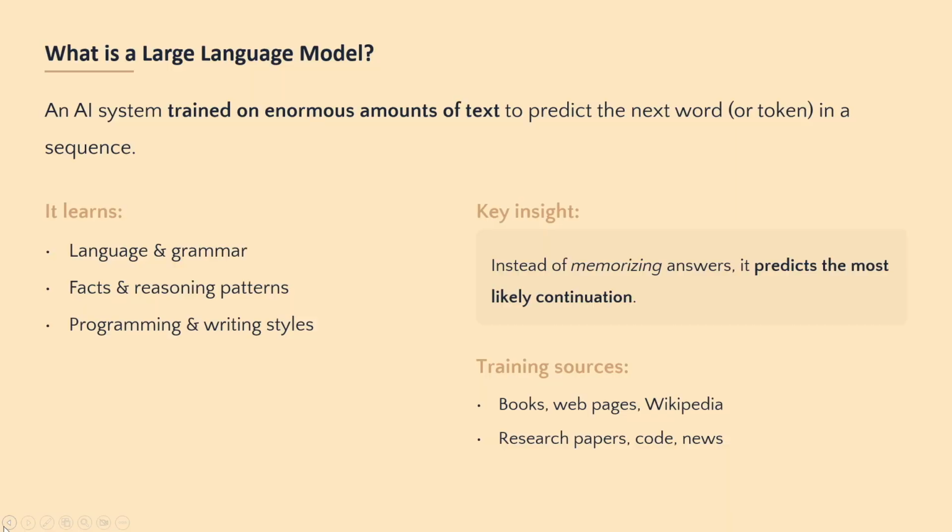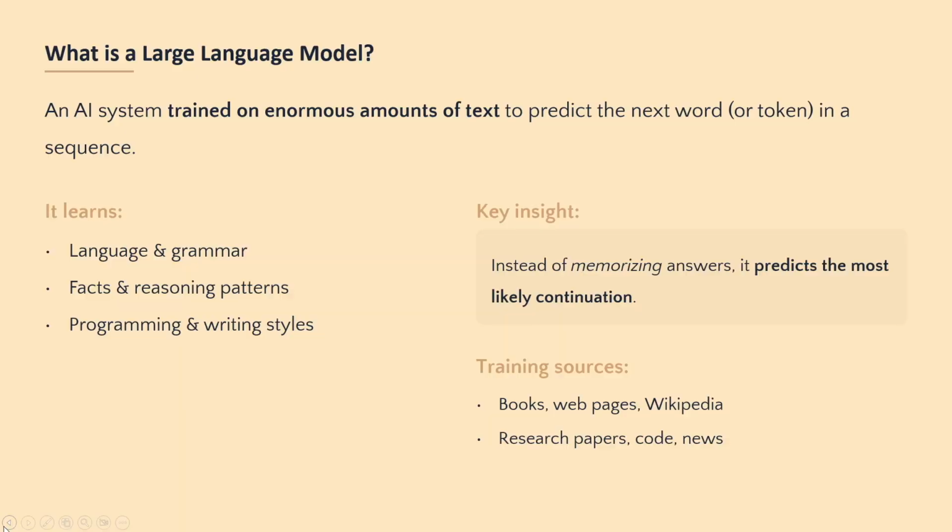Now, what is a large language model or LLM as we call it? It is trained on an enormous amount of data or text in order to predict the next word or token in a sequence. In previous sessions, we have dealt with the BERT technique or the attention mechanism.